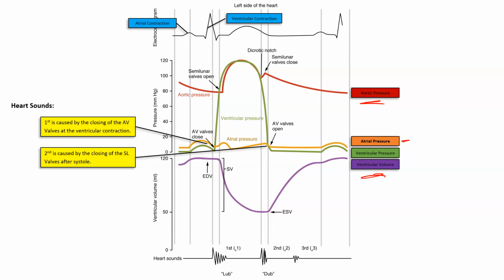If you know how the blood flows through the heart and know how atrial pressure impacts ventricular volume, and how ventricular pressure and ventricular volume impact aortic pressure, you'll totally understand this particular graph and be able to do well on your IB exams.